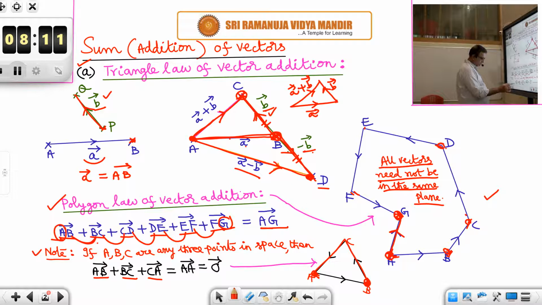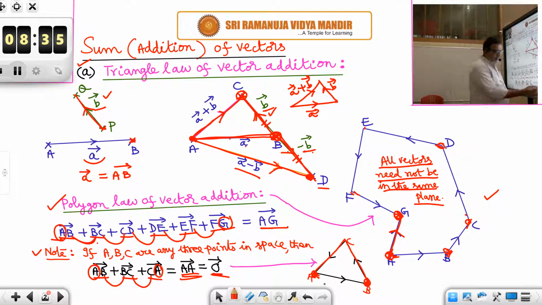See here, the terminal point of the second vector is equal to the initial point of the next vector. Then what happens? The resultant is what? Initial point of the first vector, terminal point of the last vector, AA bar. But you know that AA bar is nothing but 0 bar.